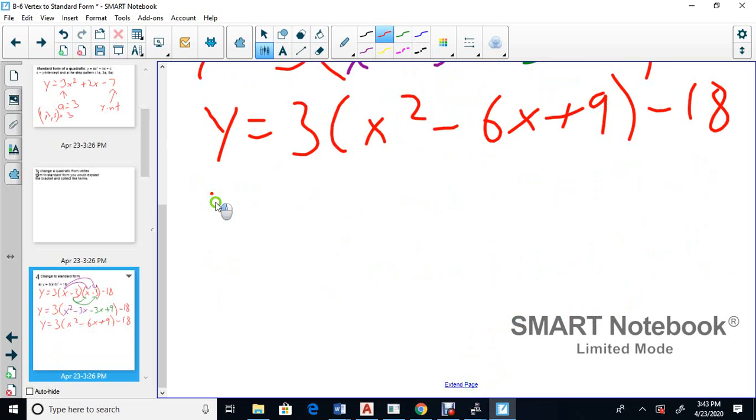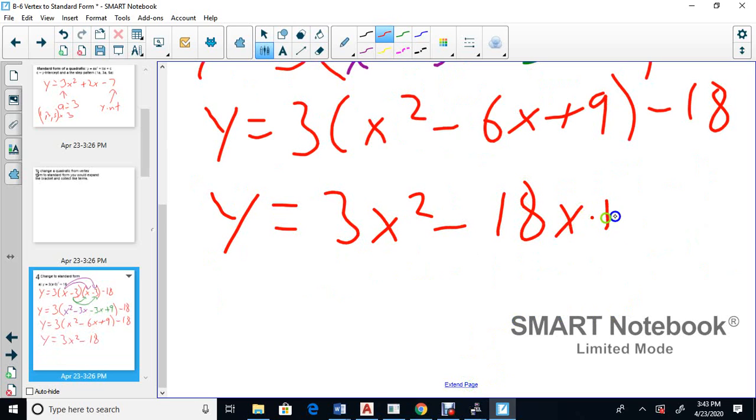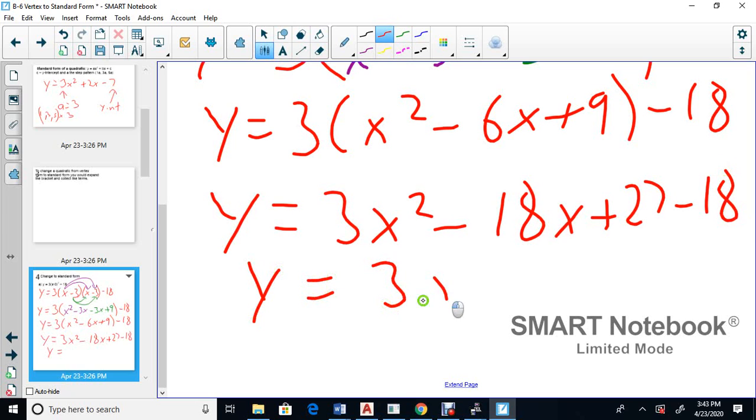Okay, and then we're going to multiply the 3 in. 3x squared minus 18x plus 27 minus 18. And then we're done by collecting the last one. I'm going to put the last term together with the 18. 27 minus 18.